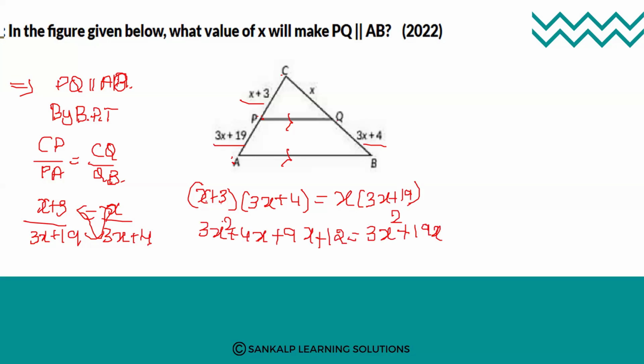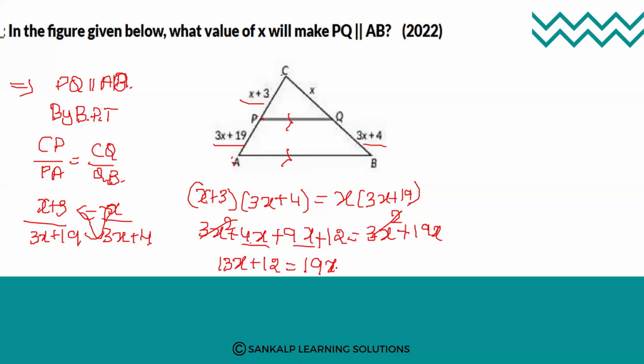Now, here also 3X square is there. Here also 3X square is there. So it will get cancelled. Now, 4X plus 9X. Therefore, we can add those numbers. 9X plus 4X is 13X plus 12 is equal to 19X.